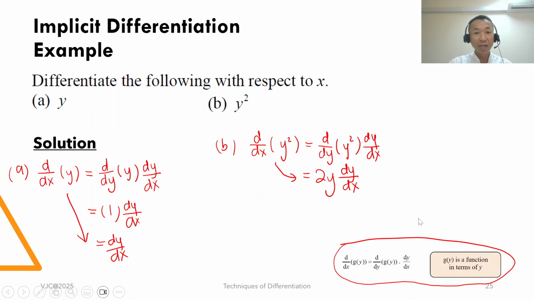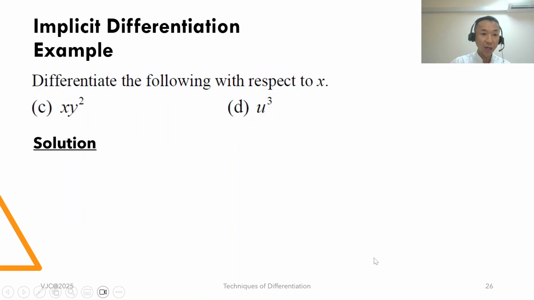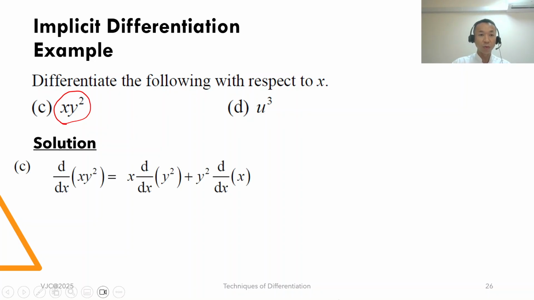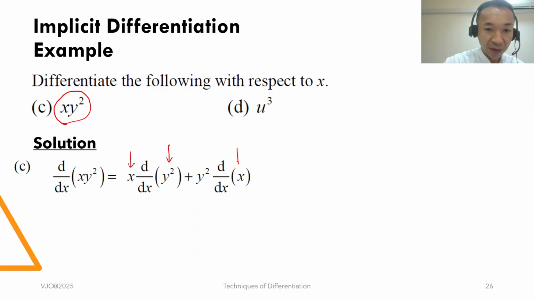So let's take a look at C. Now you know why I need to use product rule, because it's a product of 2 functions, x and y squared. So using product rule, you will differentiate y squared and keep your x, multiplied by differentiating x, keeping your y squared.